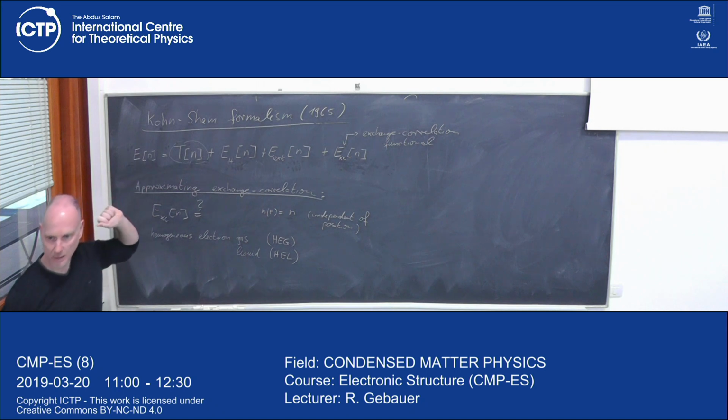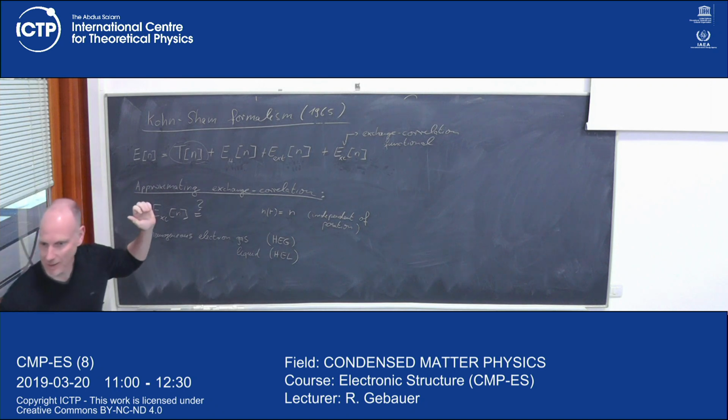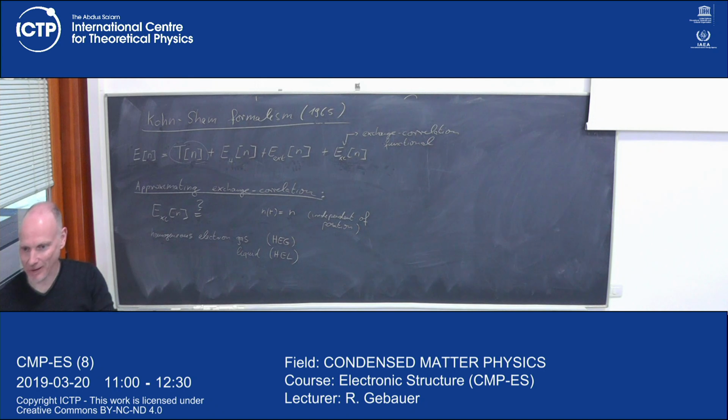Excuse me, sir. We can't normalize this if we take infinite space. Yeah, if space is infinite, then the number of electrons is also infinite. And obviously the energy is also infinite in that case, but the energy per volume and the number of electrons per volume are well-defined quantities.